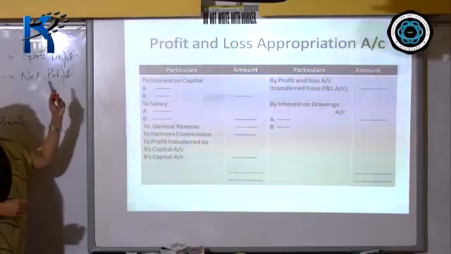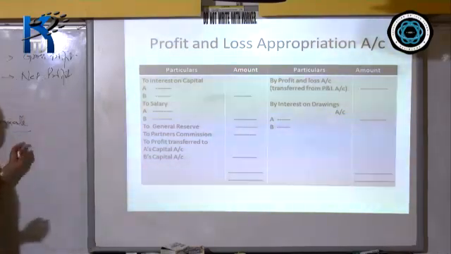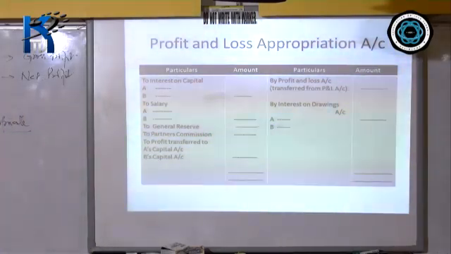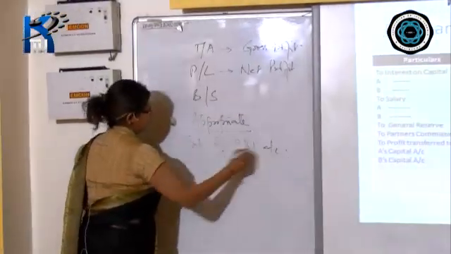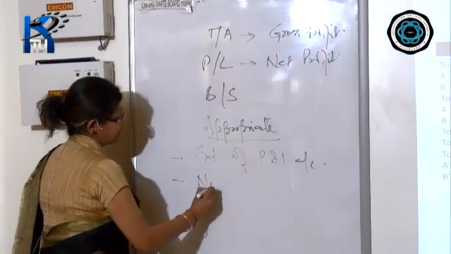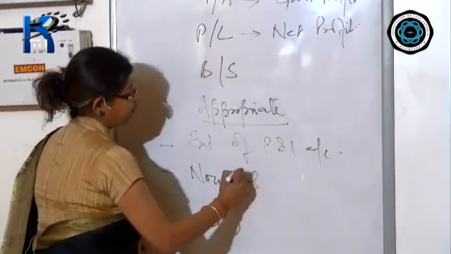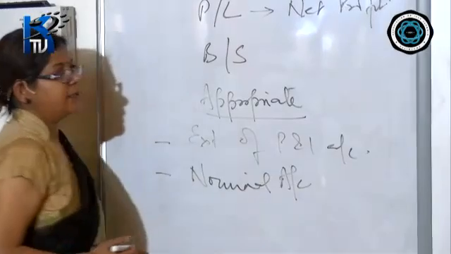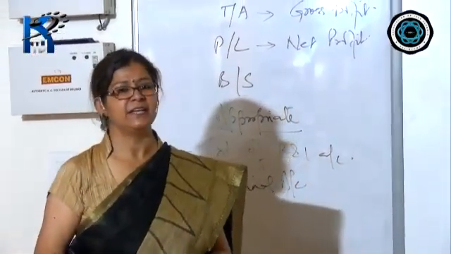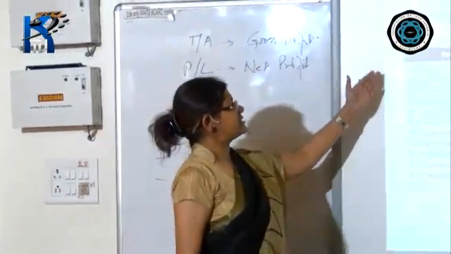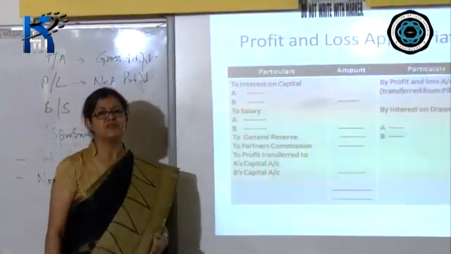So, profit and loss appropriation account is an extension of profit and loss account. It is a nominal account. Now, the rule for nominal account says you debit all expenses and you credit all gains and income. Giving interest on capital is an expense for the firm.